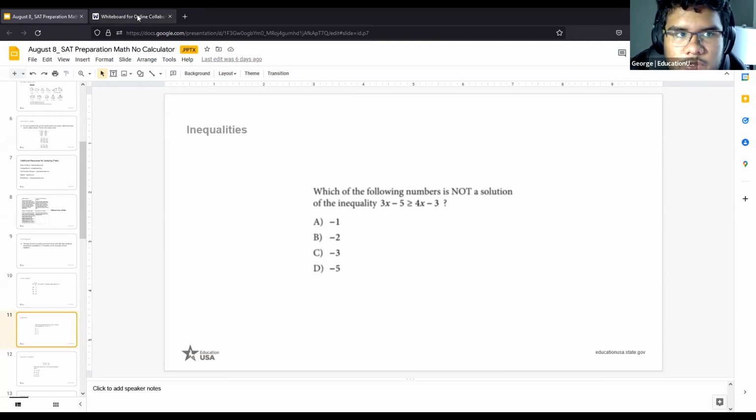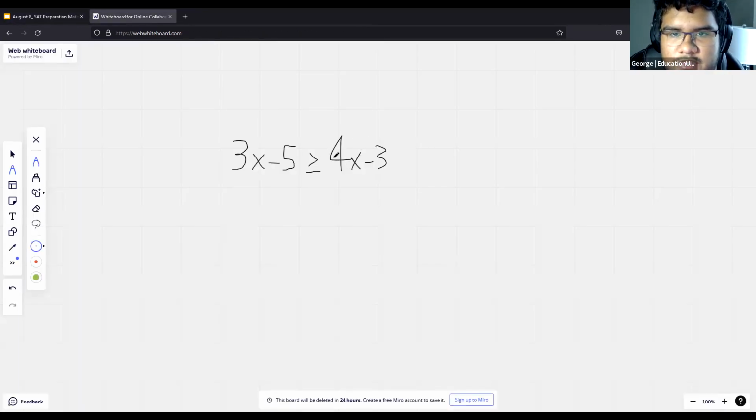To figure this out, we have to solve for x in this inequality. And here we can do pretty much the same operations that we would do as if this were an equal sign, as if the question was 3x minus 5 is equal to 4x minus 3. You can solve the inequality in almost the exact same way, which is what I'm going to show here.